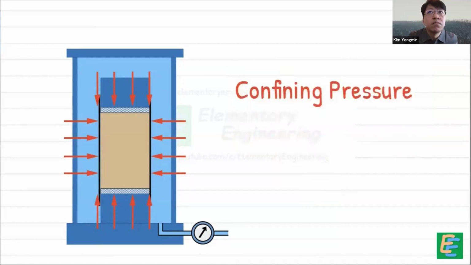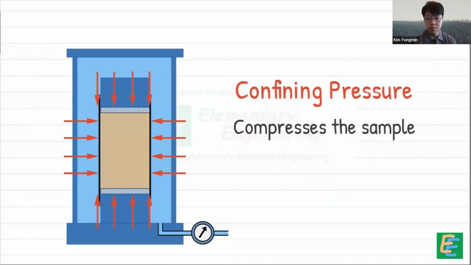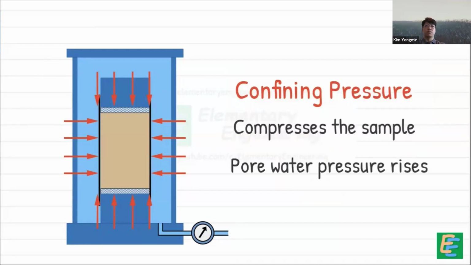This confining pressure compresses the sample, causing the pore water pressure to rise. Water tries to leave the sample and the consolidation of the sample begins. However, consolidation can only happen if we allow the water to drain out. For this purpose, we provide a drainage valve to the cell.